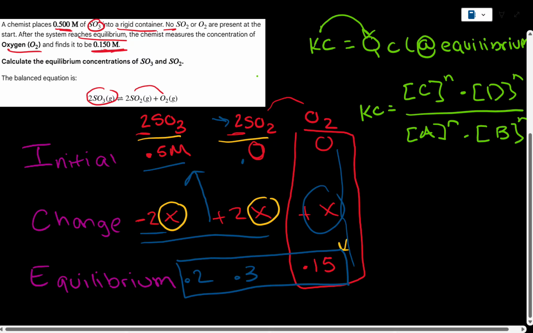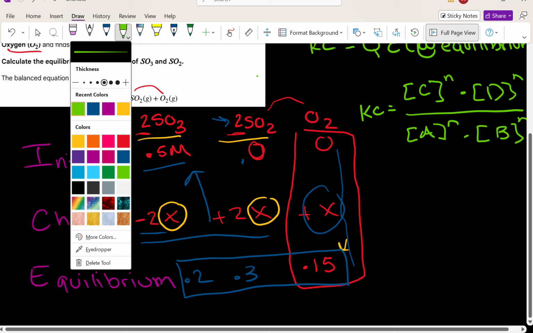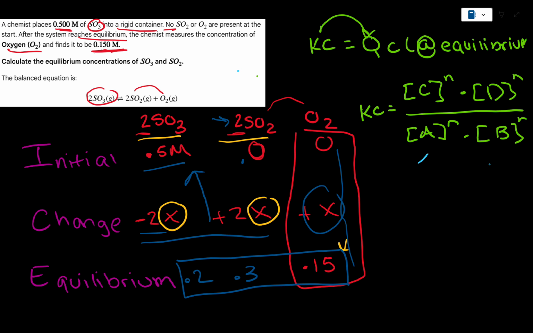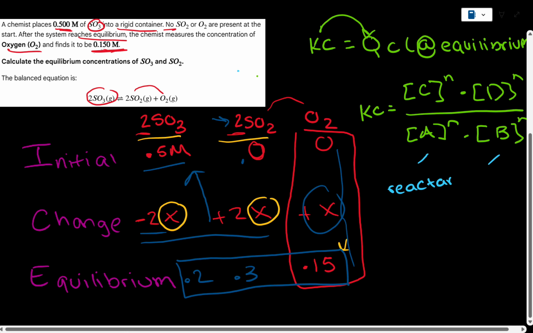So A and B are the concentrations only at equilibrium for the reactants. Okay, so you could not use this value right here because this is your initial. If you plugged in this value into this formula, you will be incorrect. You can only do it at equilibrium.